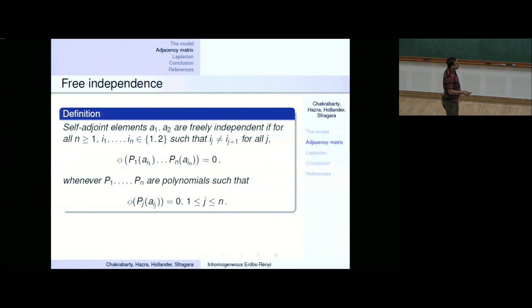So if the expectation of each of them vanishes, then the expectation of the product should vanish. If this is true for all such choices, then I'll say A1 and A2 are freely independent. Of course, this definition can be made for more than 2, and the definition is analogous, but I'll just define it for 2.